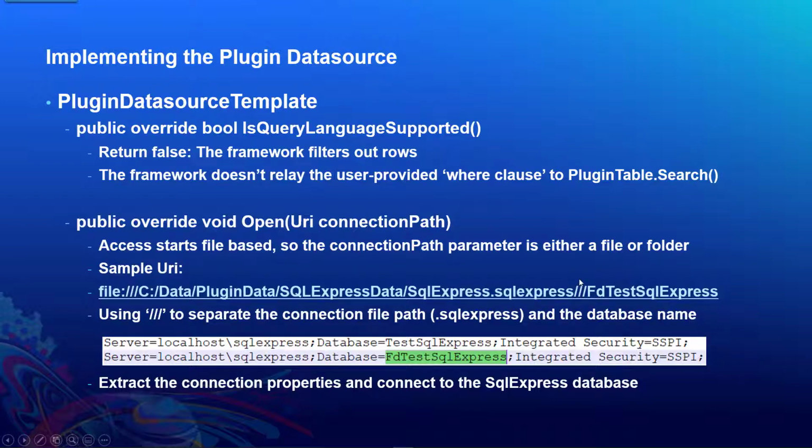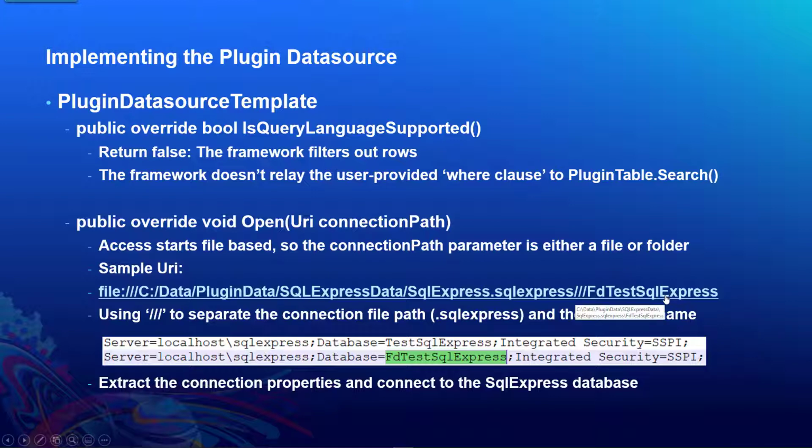And then I use the triple slash separator string to separate the connection file path from the database name that I want to connect to. A reason for that is because my SQL Express file, as you can see in the screenshot below, contains two database connections, one to TestSQLExpress and one to FDTestSQLExpress.